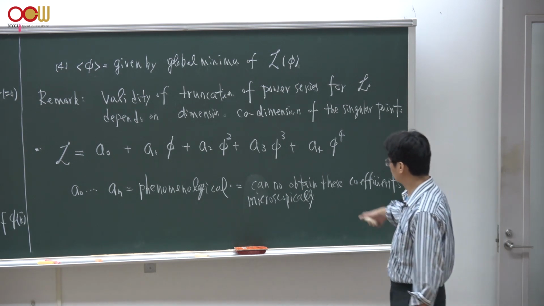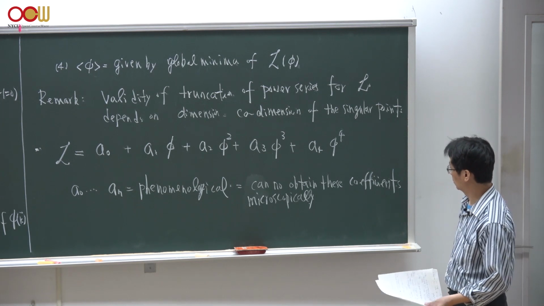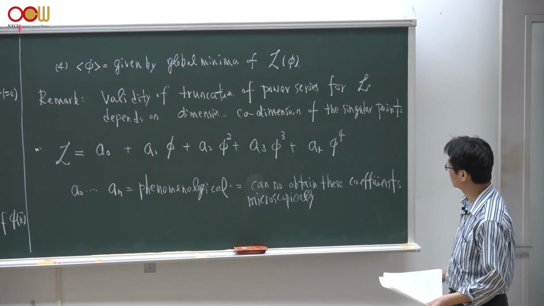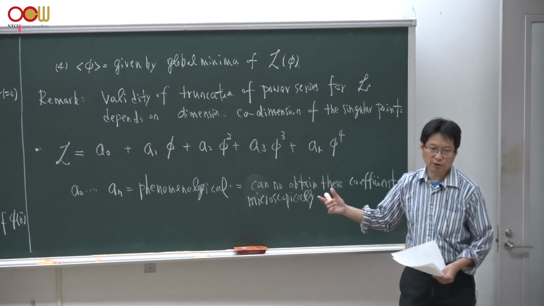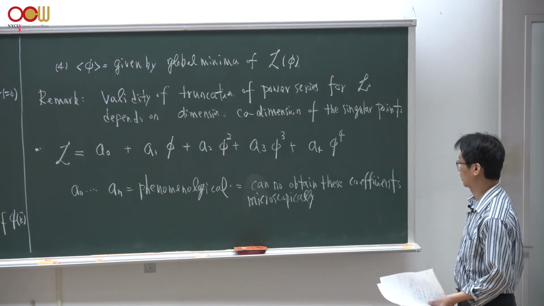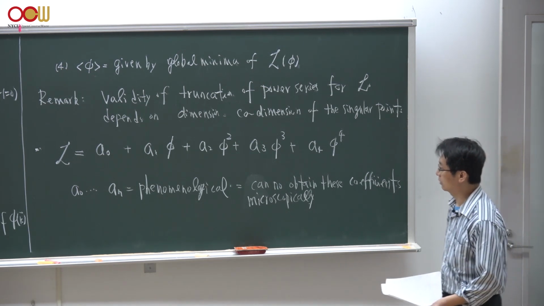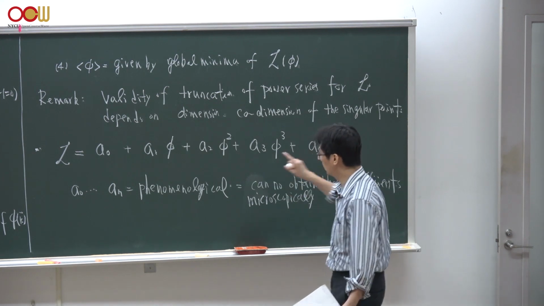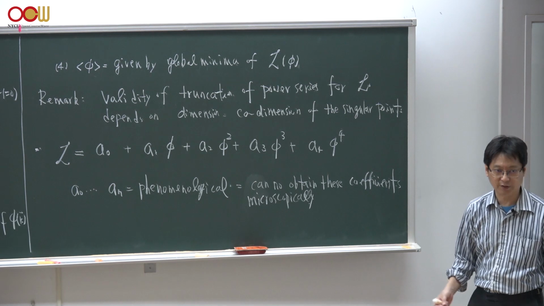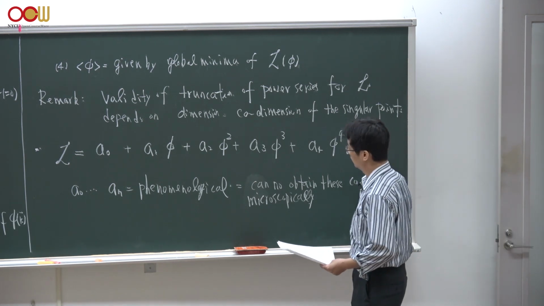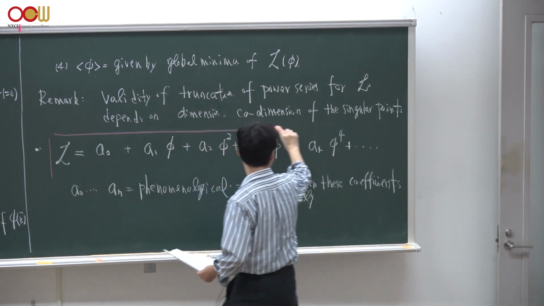And those coefficients are the unknown coefficients in front of those powers of phi, and we can simply just know whether they are positive or negative. How to compute these A coefficients is a very difficult task microscopically. So we don't know how to exactly determine those coefficients, but we know they are either positive or negative real numbers to get a phase transition. So then these are the minimal terms that we can keep to have a phase transition.